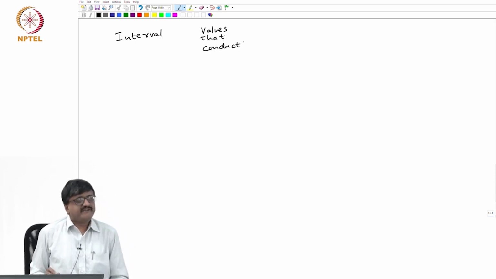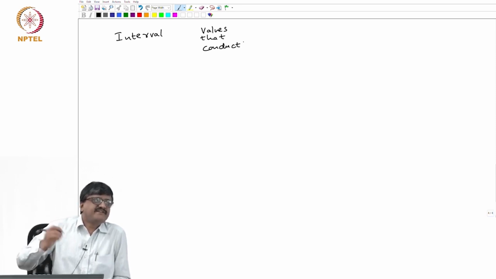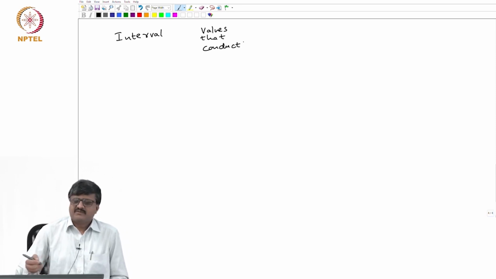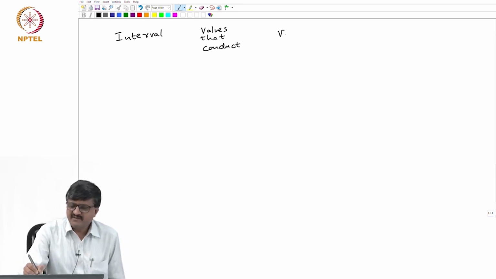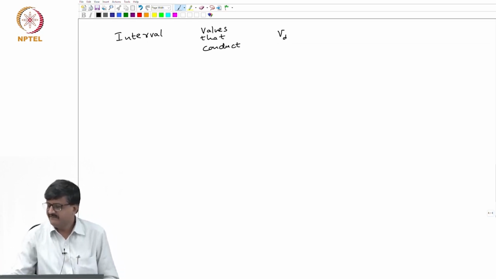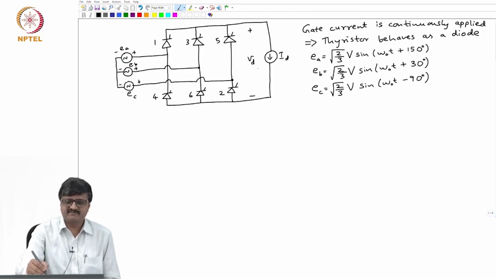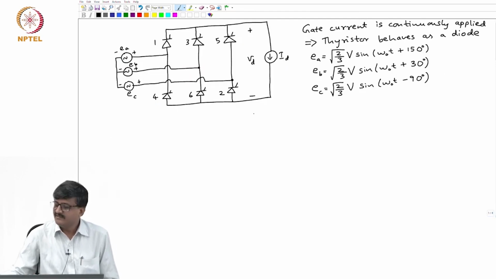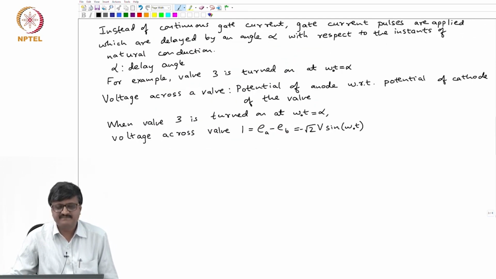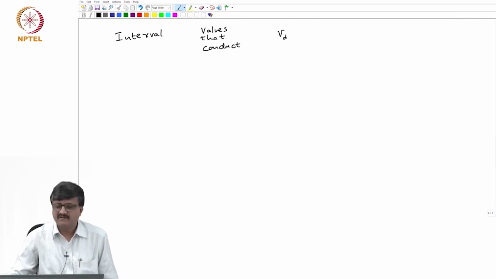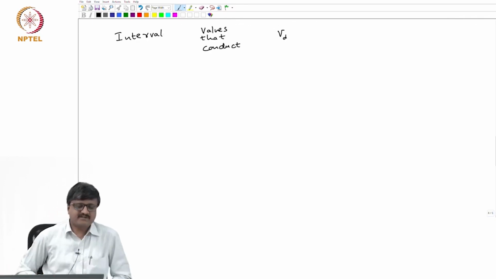We are interested in what is happening to the DC side voltage. So, we will look at the expression for the DC side voltage Vd. If you go back to the circuit, Vd is the voltage across the DC side terminals. We will also look at the voltage across one of the valves. There are 6 valves, and one can show that there is symmetry.